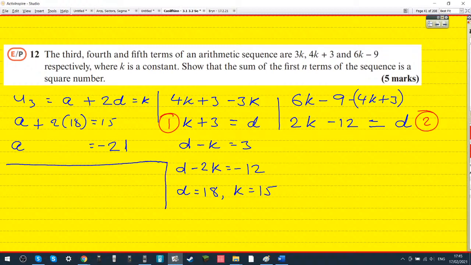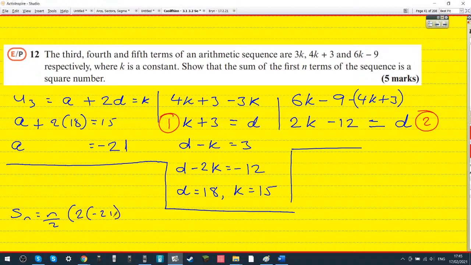So 15 minus 36 gives A equals minus 21. Now we have S of n equals n over 2 times 2 brackets minus 21 plus n minus 1 times 18, is equal to a square number. So then we expand that.